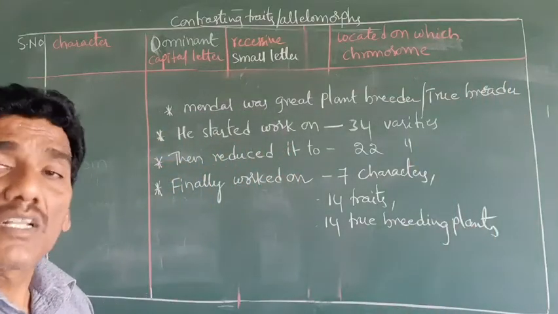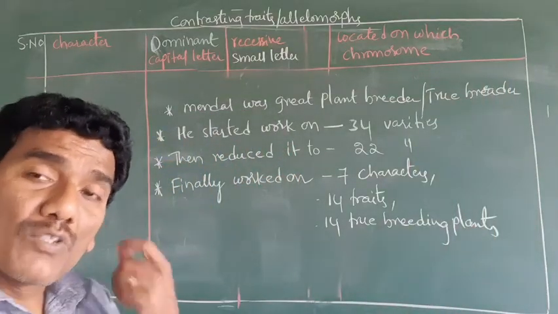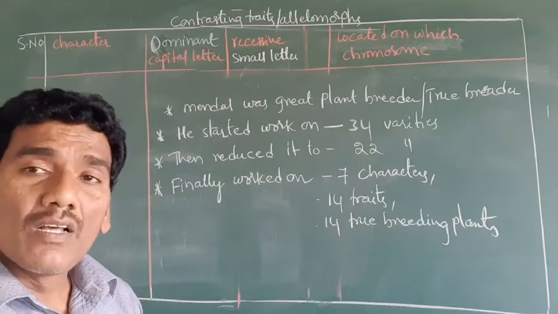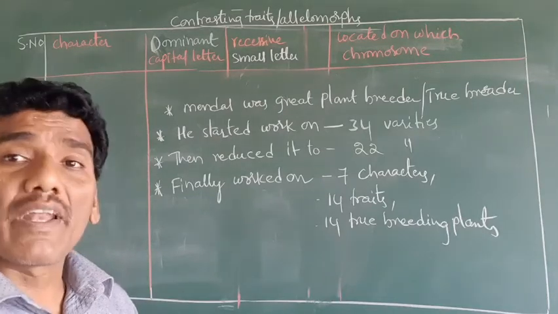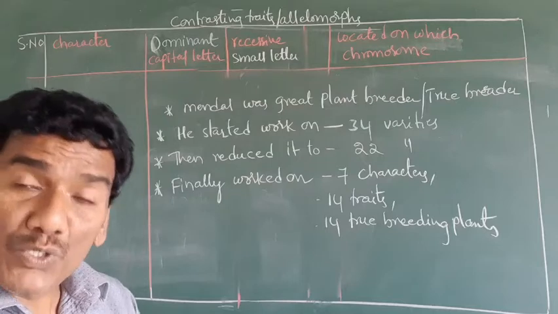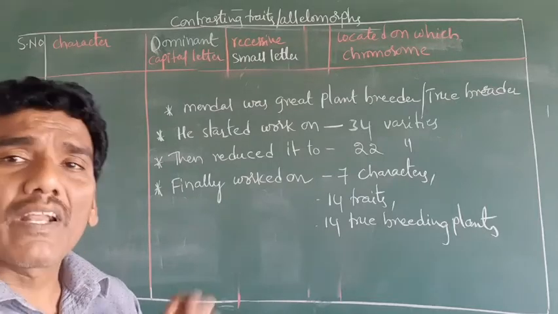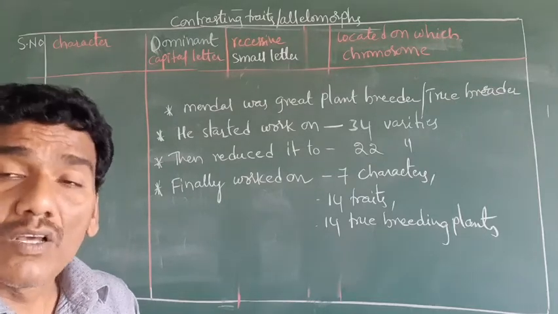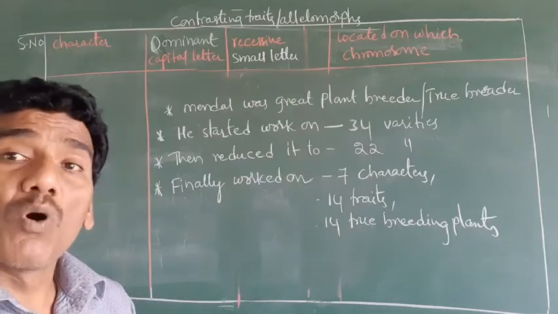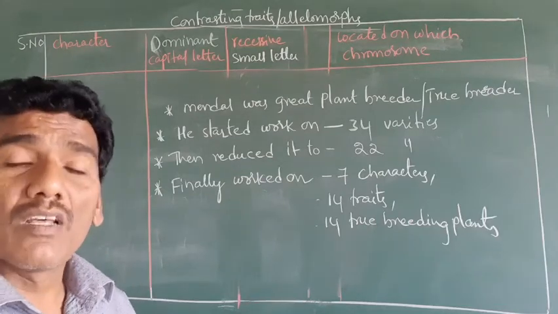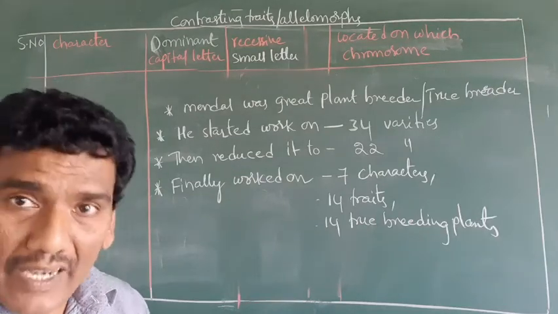This is one more point regarding Mendel. Mendel started the work on 34 varieties of the pea plant, then reduced it to 22 varieties. Finally he worked on 7 characters or 14 traits or 14 true breeding plants.